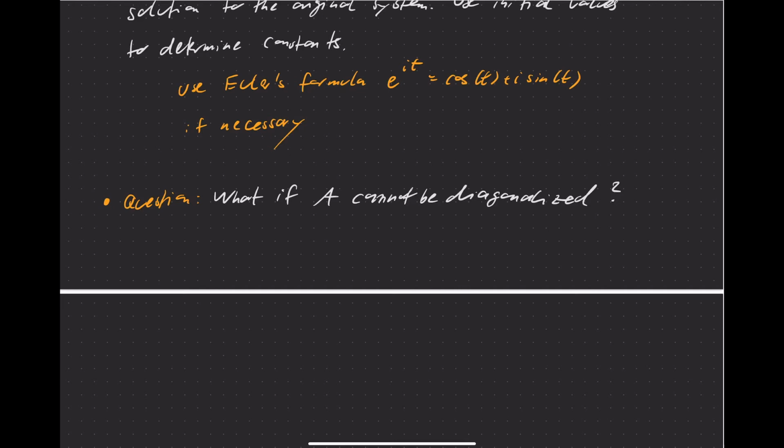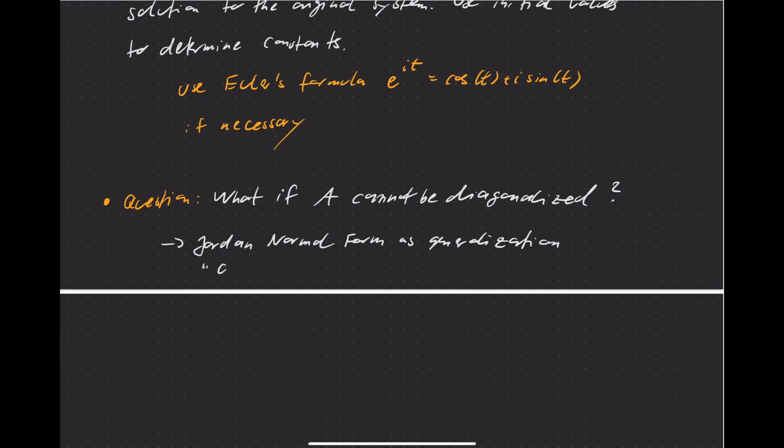In fact, we can still do something in that case. Even if we cannot get diagonal form, we can get something that is close to diagonal form. And this is called the Jordan normal form, as a generalization.